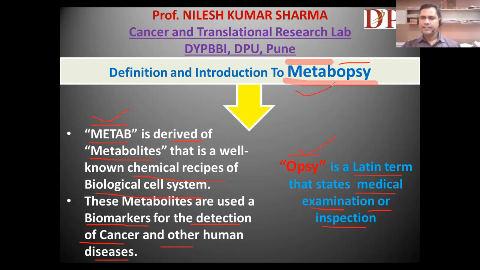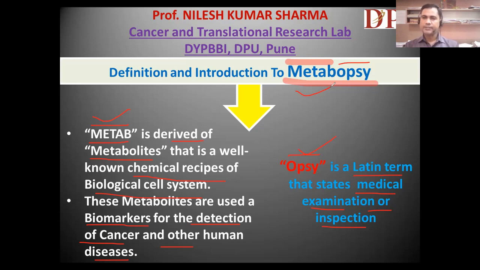So now it appears very obvious that the word metabopsy has relevance for the study of cells and tissue, and other than basic science and research, the relevance is in the diagnosis of patients.